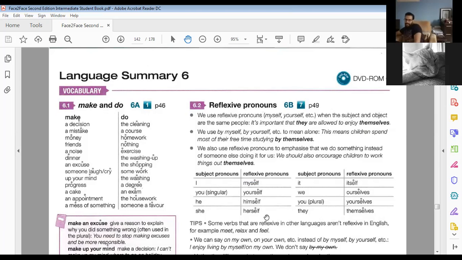So what does it say here? The first point, is it same people or different people? Same people. Nice, so you got that right. And by myself, what does it mean?